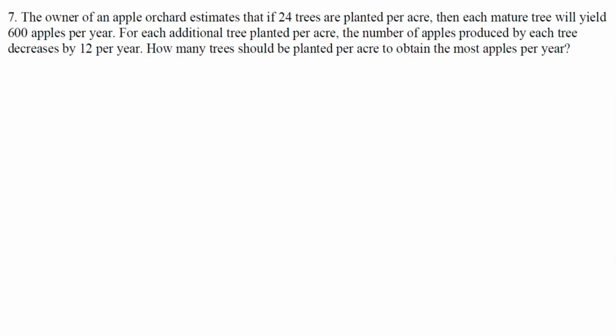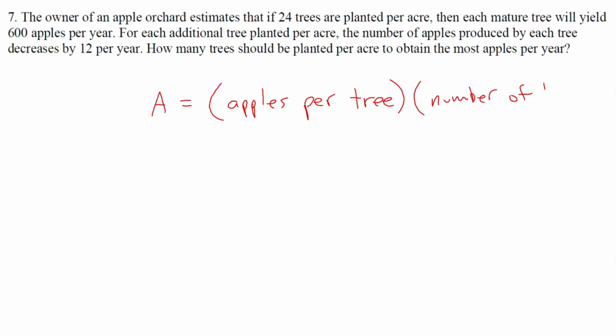So what I need to do here is write out the function that we're going to start with, because we want to get the maximum number of apples. So the total number of apples is always going to be equal to the apples per tree times the number of trees.